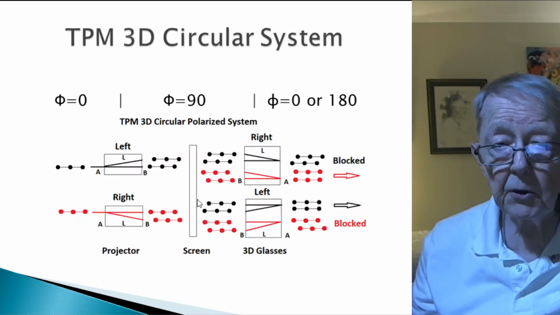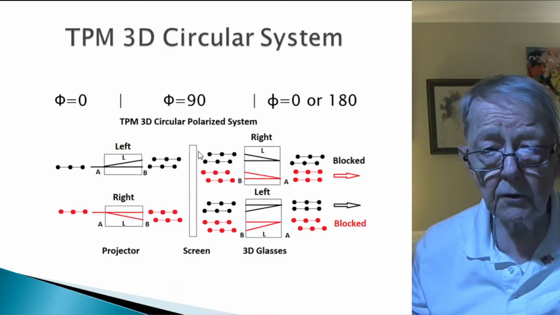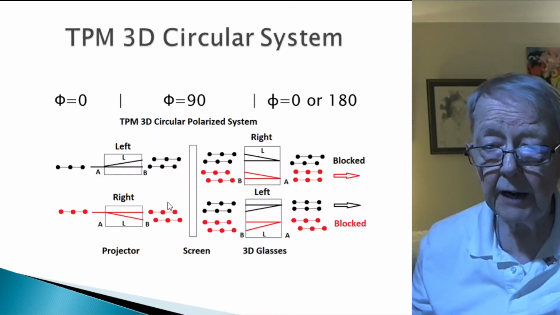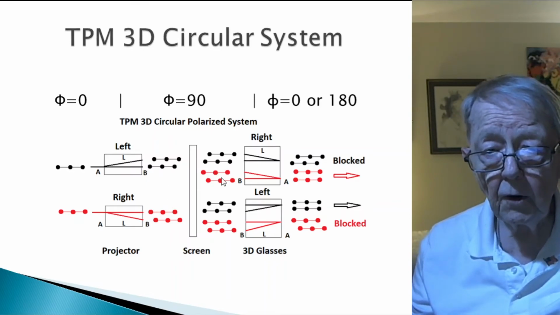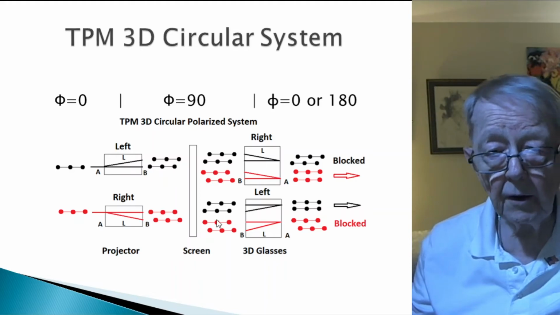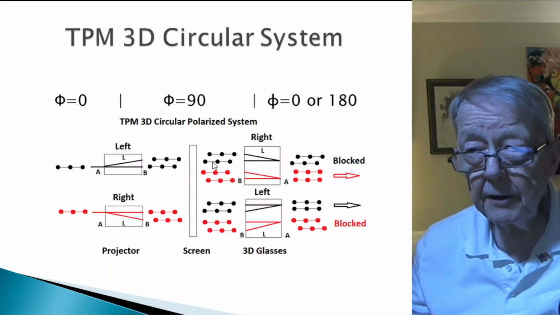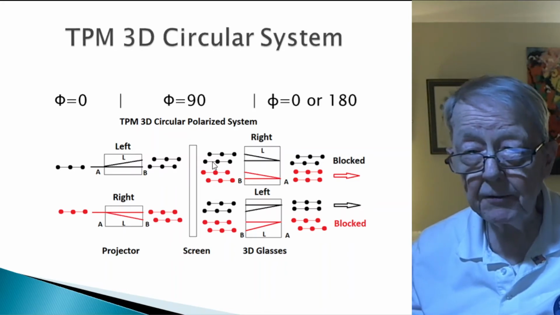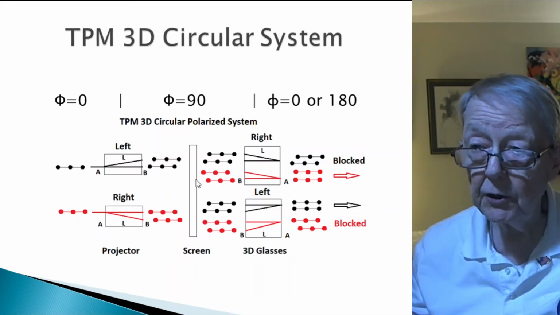When it hits the screen, it scatters to all over the place, and scatters to everyone in the audience. And so you're going to get all four images on your right eye and all four images on your left eye. And I've drawn this very specifically to be lined up properly so you can understand it.